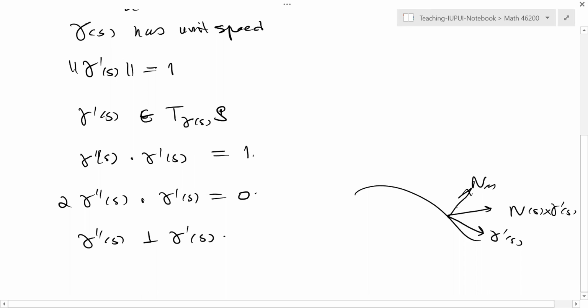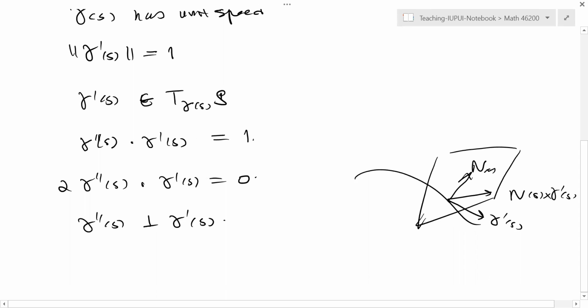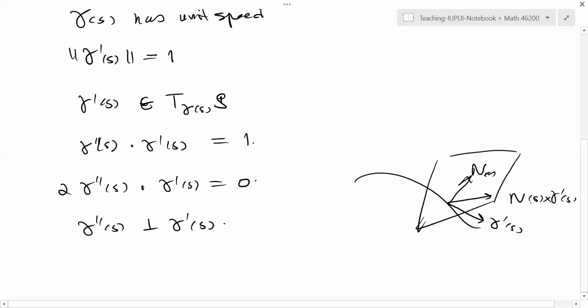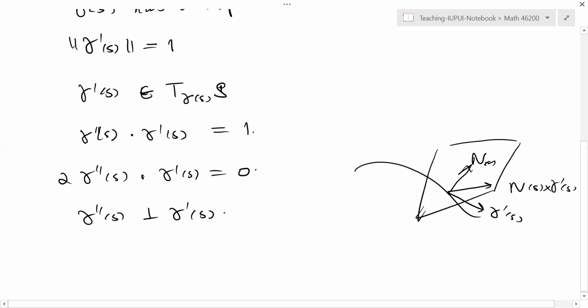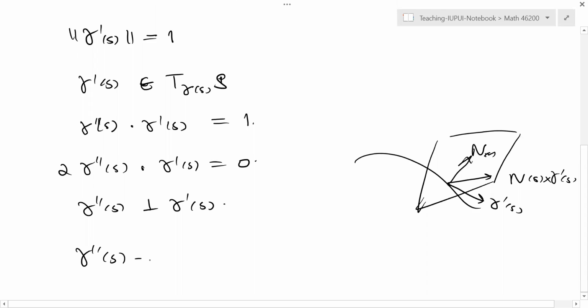So we have a plane perpendicular to the tangent vector to the curve. That plane is a linear combination of those two vectors. So gamma double prime s is perpendicular to the tangent vector, so it is in the plane perpendicular to the tangent vector.